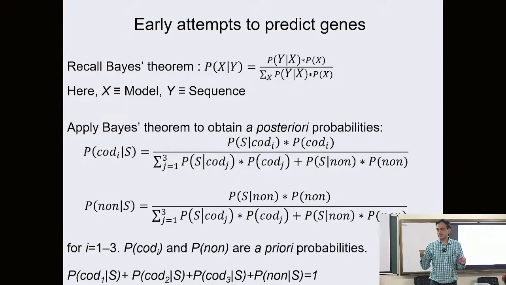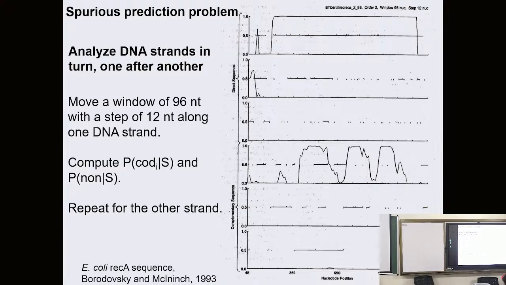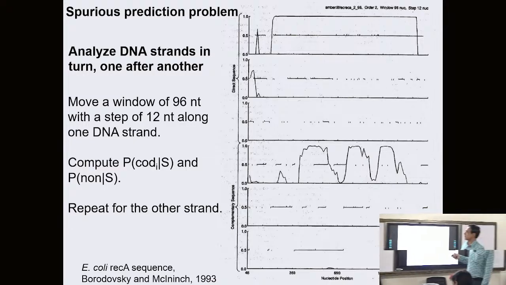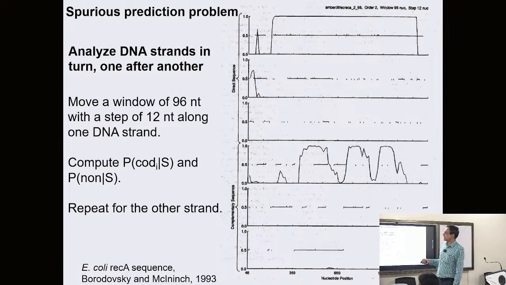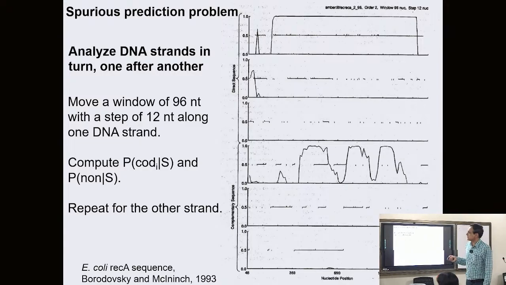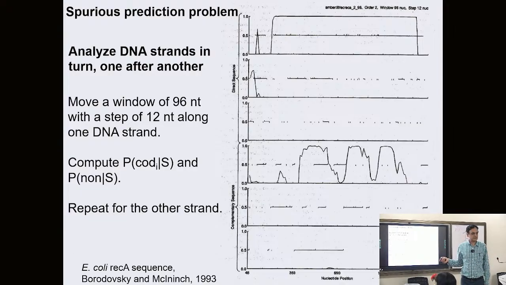The posterior probabilities were plotted for the direct sequence and then for the complementary sequence. What was observed is that the strand opposite to where a gene was earlier predicted also had some signals at that location.